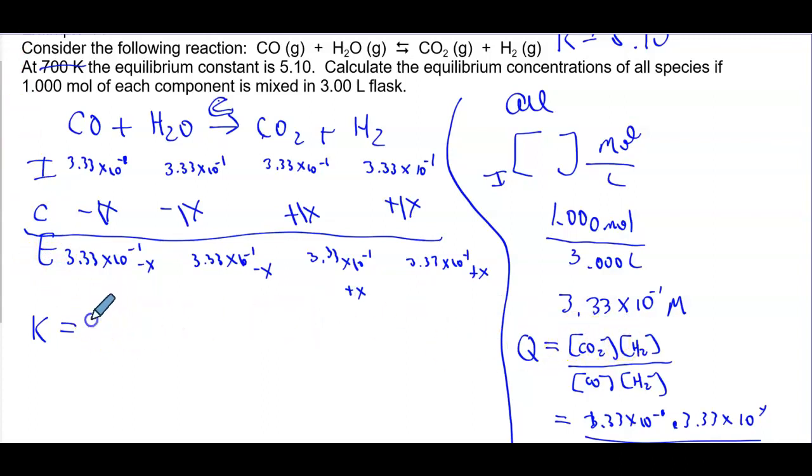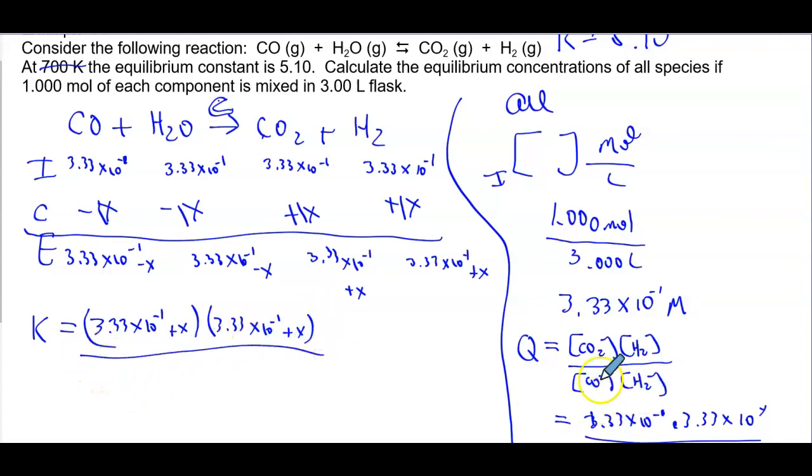So 3.33 times 10 to the negative 1 plus x, that's what this is, times 3.33 times 10 to the minus 1, pardon me, plus x on the bottom. I have to have CO and H2O, which are right here.